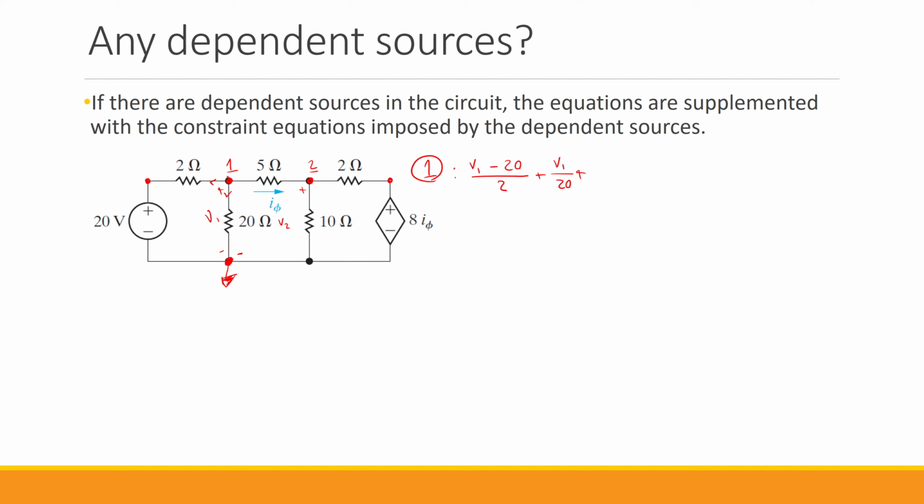And finally we have V1 minus V2 divided by 5, and that equals 0.